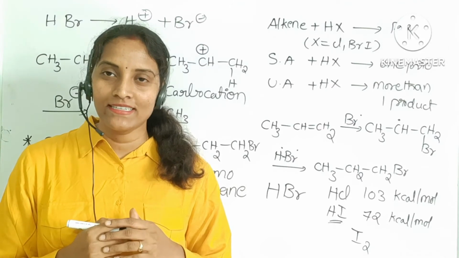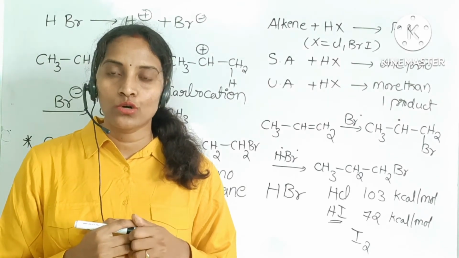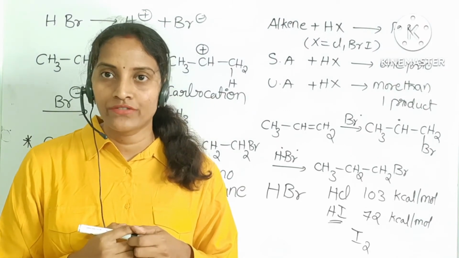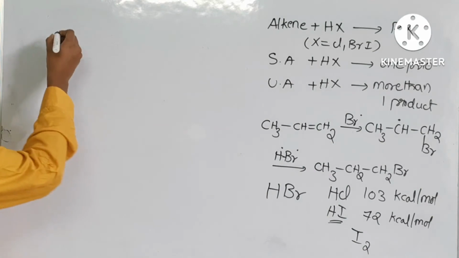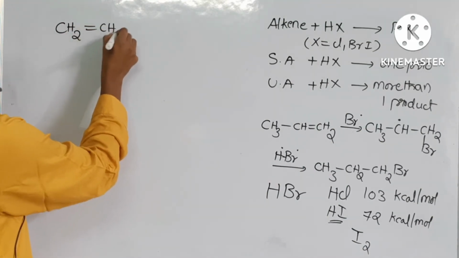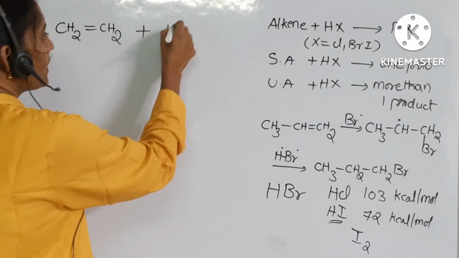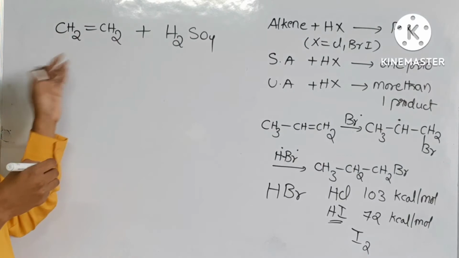And one more thing: addition of acids to alkenes also follows Markovnikov's rule. You can take one example, addition of sulfuric acid to ethene, CH2 double bond CH2 plus H2SO4. This is the sulfuric acid, this is ethene.